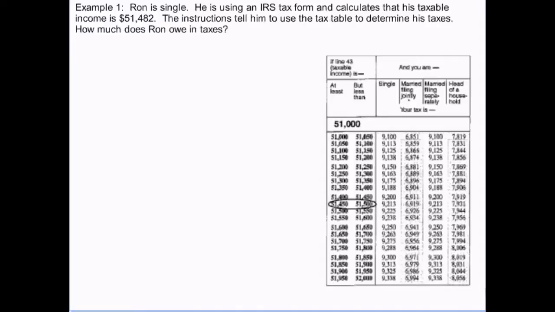And then once we've got that range, we're in this row. I'm going to highlight underneath it, so I don't cross it out. And this column, because he's single. So we find where those two meet, and that's the tax that you owe. So Ron would owe $9,213 in taxes.